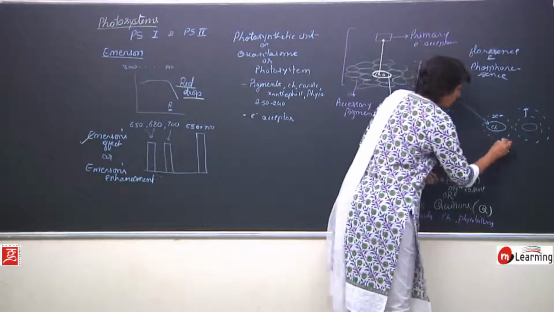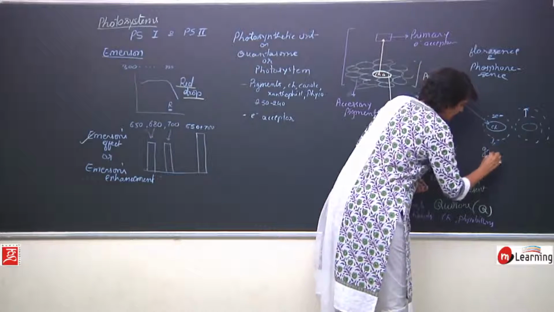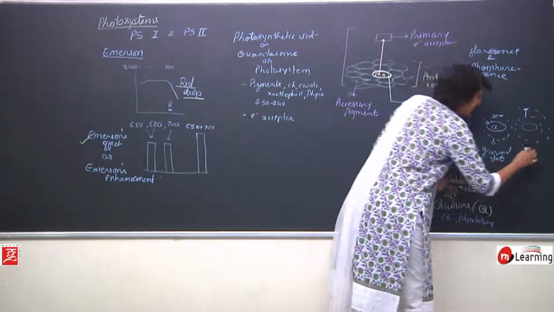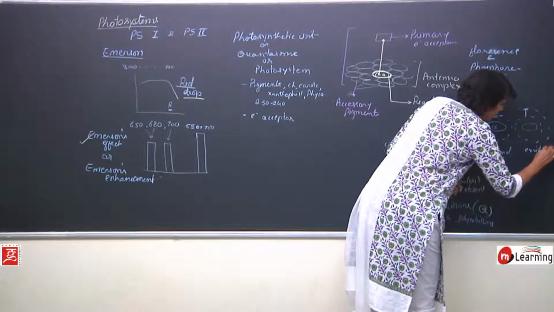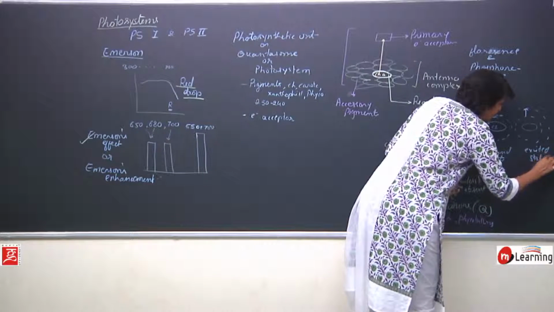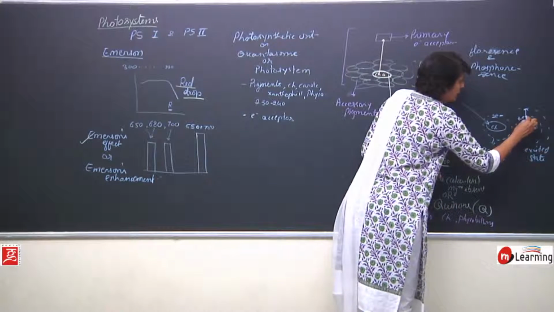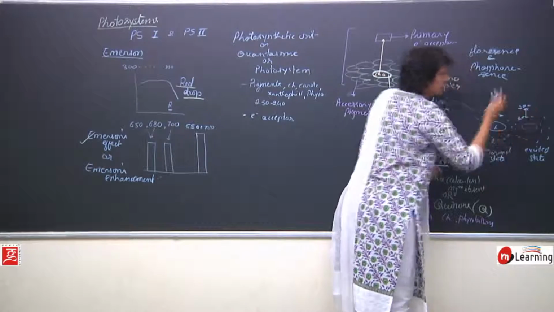From the ground state, the electrons go to the excited state. So now the pair of electrons has jumped to this place.